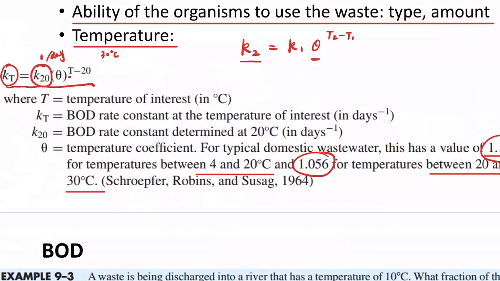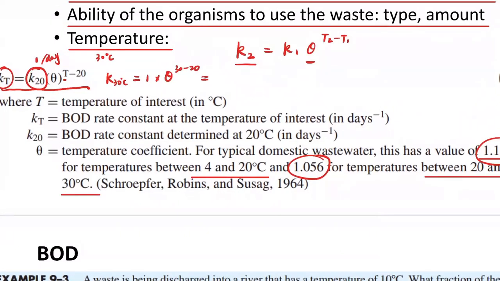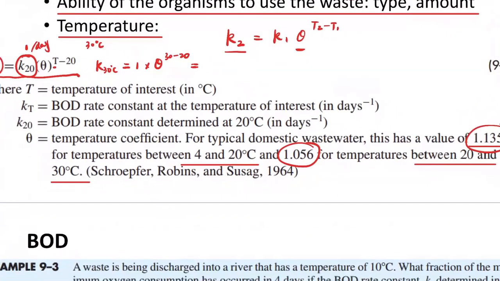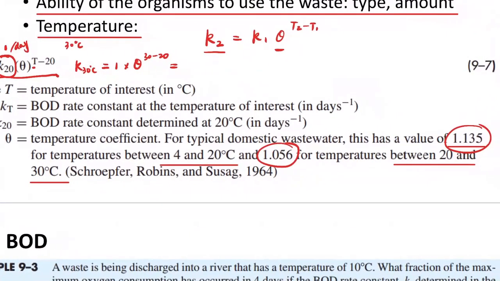Okay, so what we can do is basically K at 30 Celsius is equal to 1 multiplied by theta to the power of 30 minus 20. Okay, so the theta here, you can find that if it's between 20 and 30, then the theta is 1.056 to the power of 30 minus 20. Okay, so that's basically 1.056 to the power of 10, right?